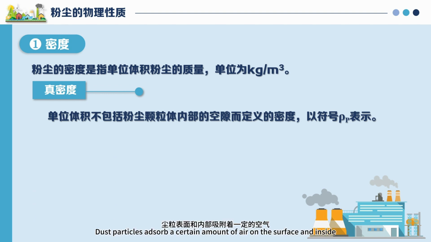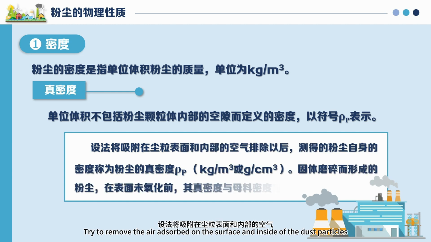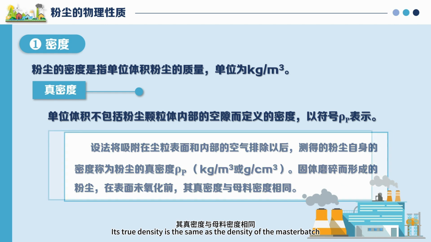Therefore, dust particles adsorb a certain amount of air on the surface and inside. If we try to remove the air adsorbed on the surface and inside of the dust particles, the density of the dust itself measured after exclusion is the true density of dust, represented by ρP. For dust formed by solid grinding before surface oxidation, its true density is the same as the density of the master batch.